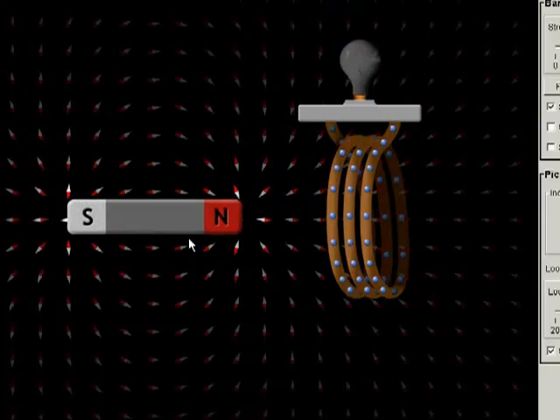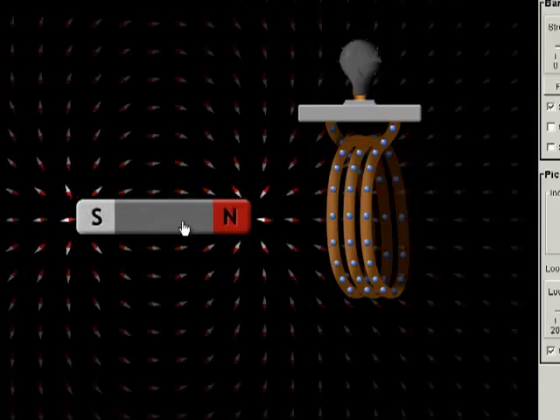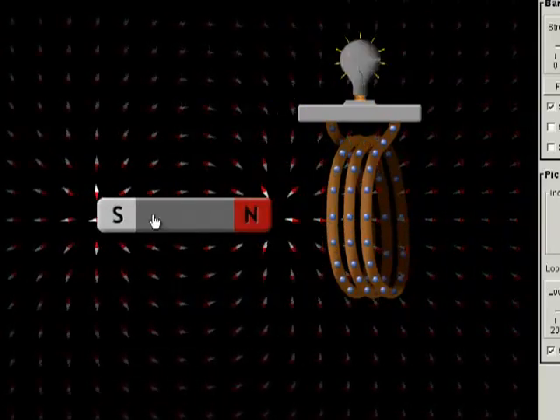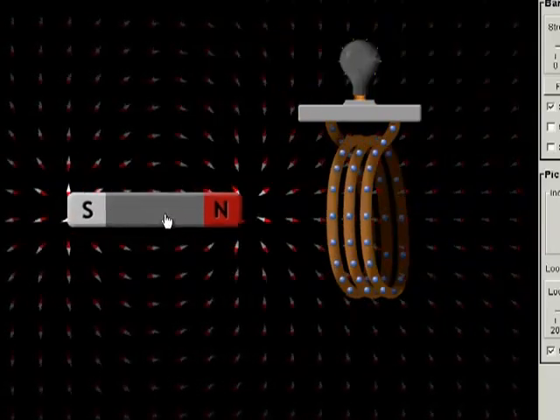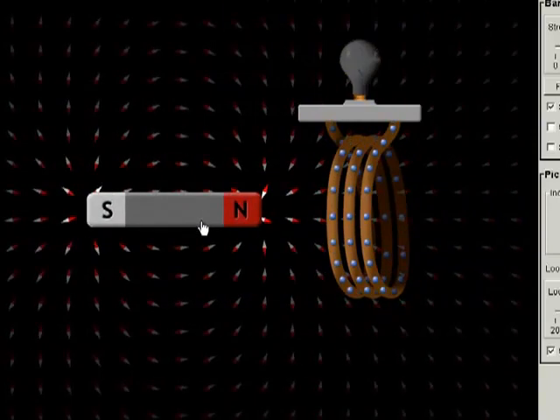What you'll notice is I move the magnet and the light turns on. In particular, when I move the magnet, notice what's happening with the magnetic field. It's changing. So Faraday's law says that if you have a changing magnetic field, that is going to induce a voltage. In this case, we've got a completed circuit, so it's going to induce a current in the circuit, and that light bulb is going to turn on.